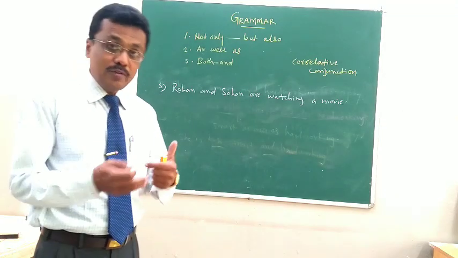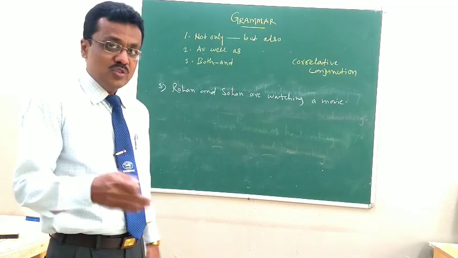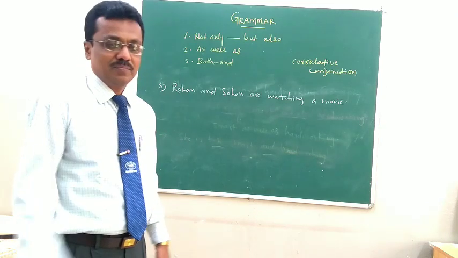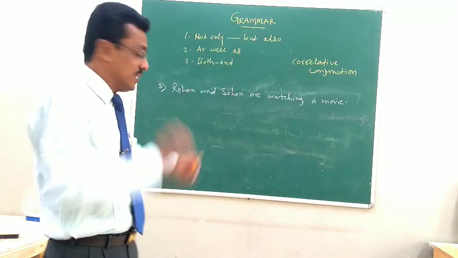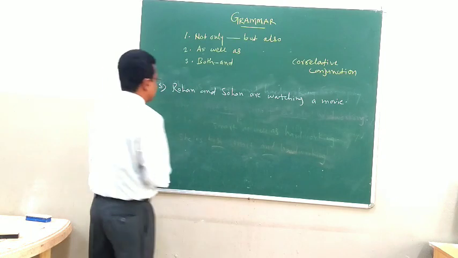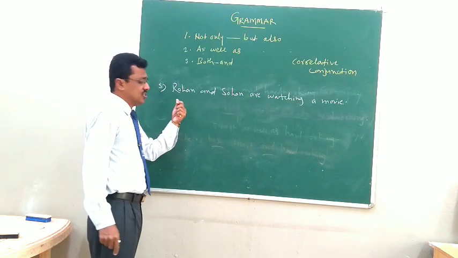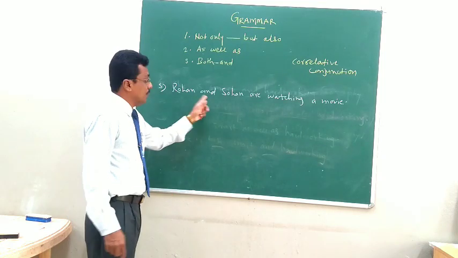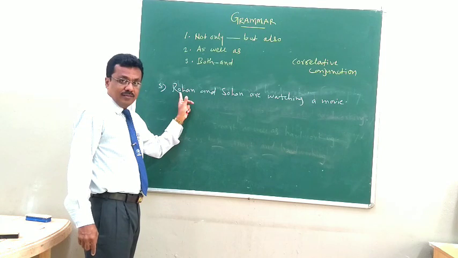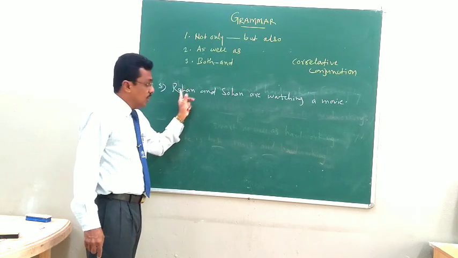So not only but also we have to use for the subject. Until these sentences we studied, we were using it for the object. Now not only but also we will use for subjects. For example, Rohan and Sohan. In this case, there is no helping verb before and, no main verb. So Rohan and Sohan.